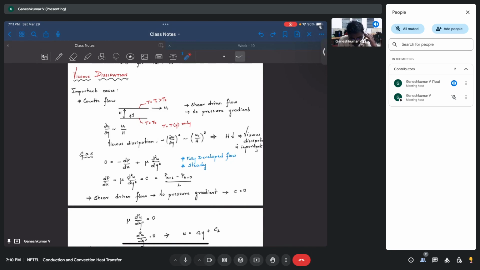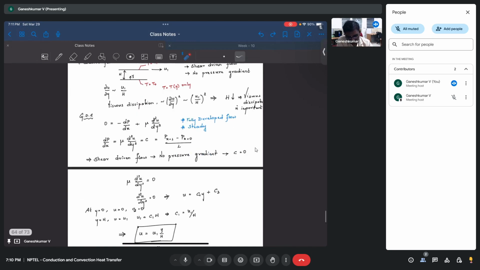Which means when you have a narrow gap, a very minute gap, you cannot neglect the viscous dissipation term. Till now we just removed it from our analysis. When you have a narrow gap, you cannot do it. That is what the scaling analysis gives.